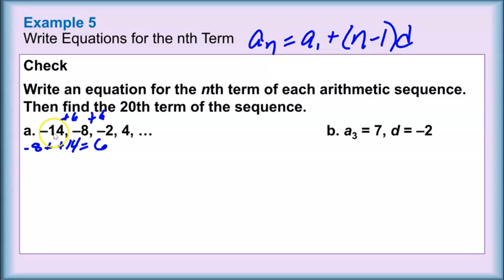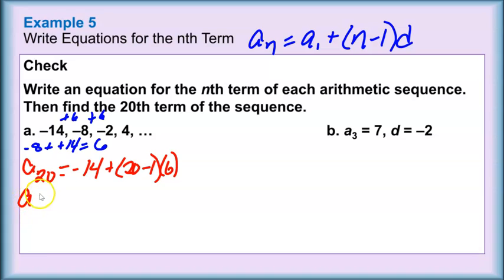Our first term is negative 14. If we're going to find the 20th term, I'm going to put a 20 in for n because n represents the term. I have the first term, which is negative 14, and then I'm going to add 20 minus 1 times the common difference of 6.